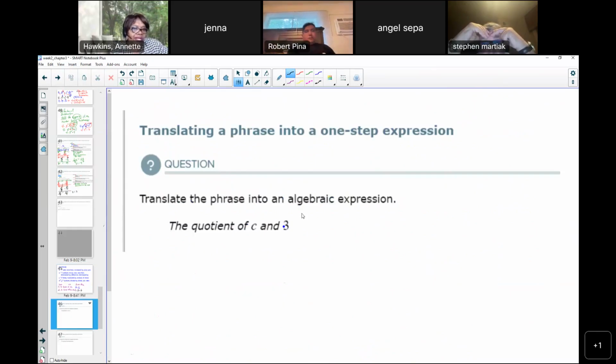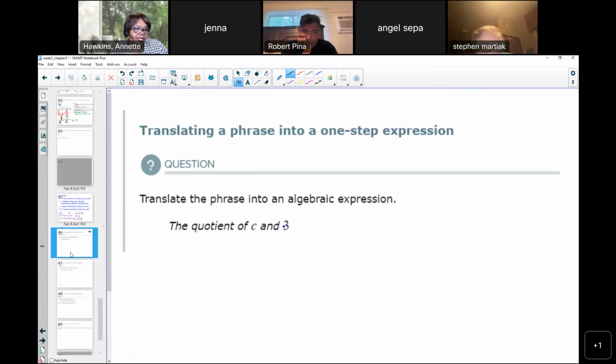It says translate the phrase into an algebraic expression. Now, to translate these, you read it. So you want to read it about 3 times. And what that does, it gives you a chance to get familiar with the words and think about it. So let's read this to yourself about 3 times, and then we'll talk about it.